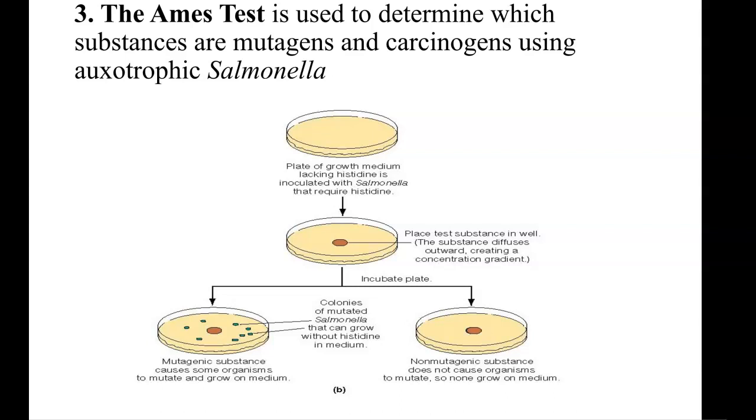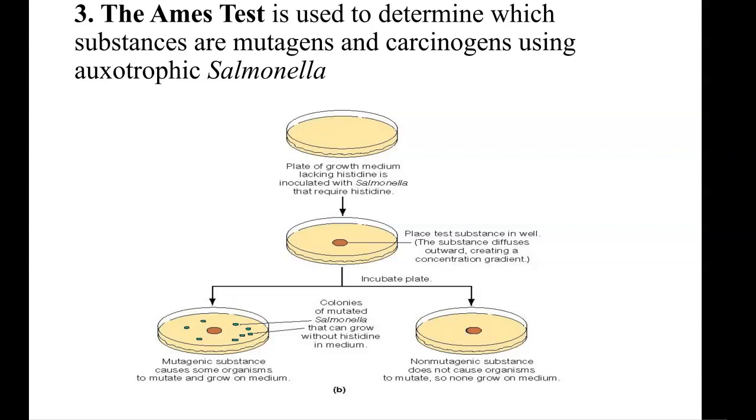In this Ames test, we would take this auxotrophic Salmonella and plate it on an agar plate that is lacking histidine. Because this Salmonella requires histidine in the media, it would die on that plate.